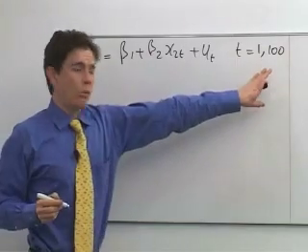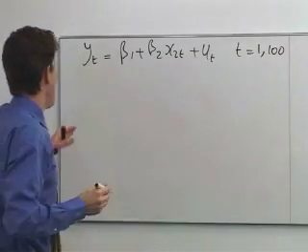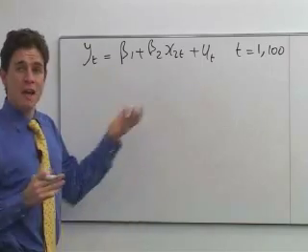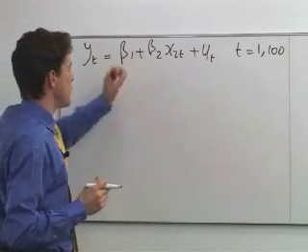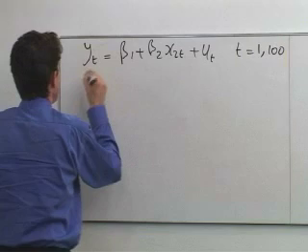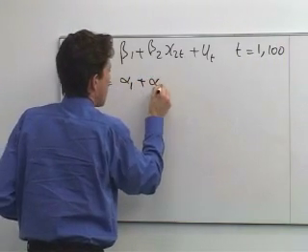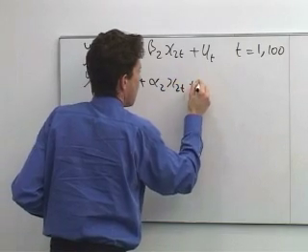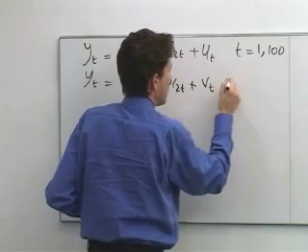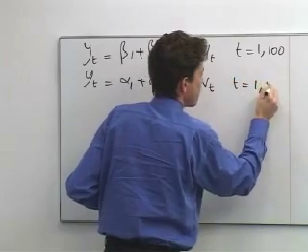So this includes all 100 observations. We could then estimate our separate regression equations for each of the two subsamples. So that could be written yt equals alpha 1 plus alpha 2 x2t plus vt, let's say, where t runs from 1 up to 50.